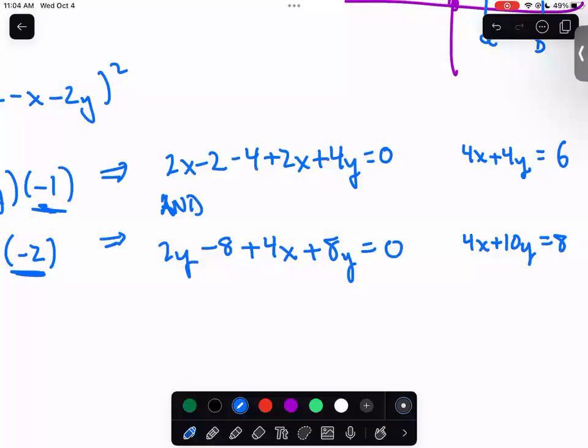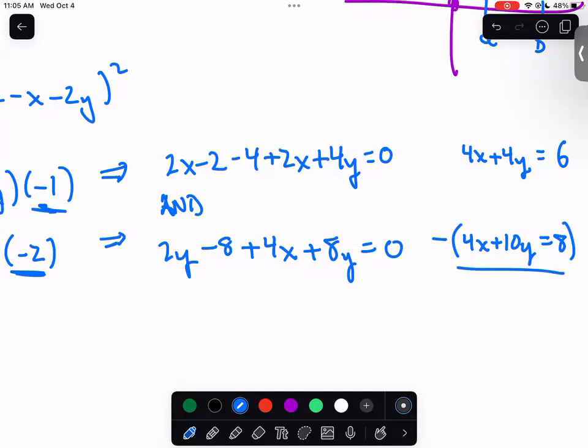So this is where we need to solve this system of equations. Now it's looking a little bit cleaner. We could use a substitution method by all means. However, I see this 4x and this 4x, right? They're perfectly the same. So I'm interested in linear combinations in this case. Another strategy for solving a system of equations is that sometimes you can add or subtract one equation from the other.